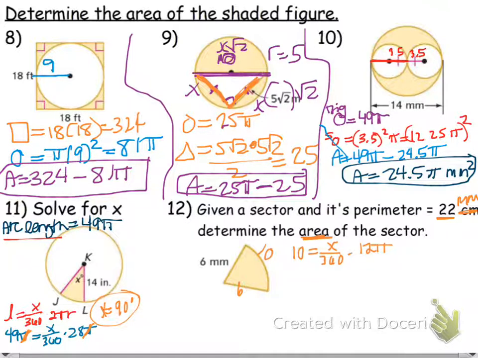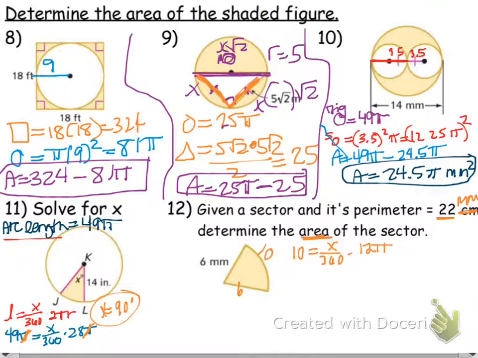Okay, we don't have any pi's to cancel out here, so what I'm going to do, again, a couple different ways you could do this. You could divide both sides by 12 and then multiply both sides by 360, or you can see that as 12 over 360, and then you can multiply by the reciprocal. Either way you get the same thing.